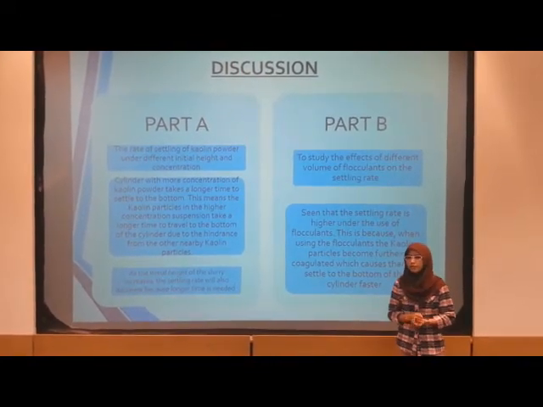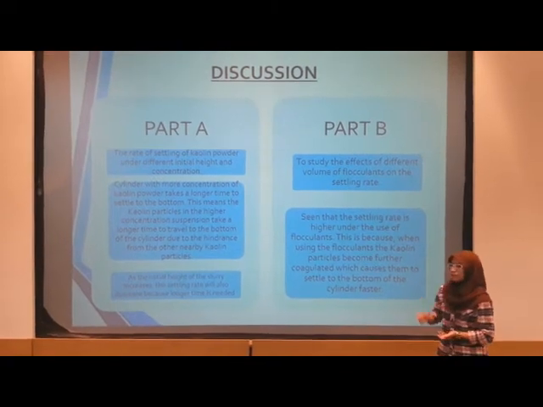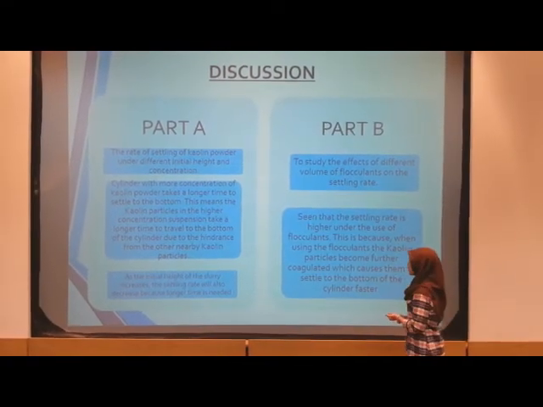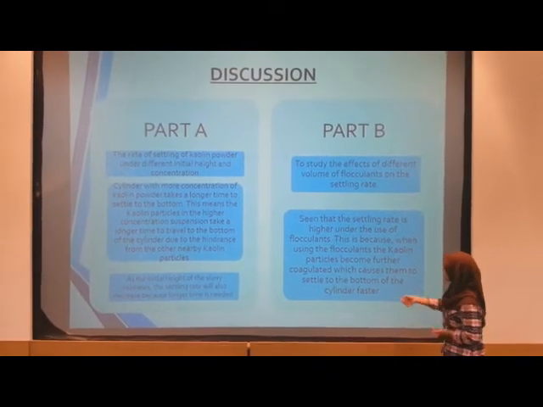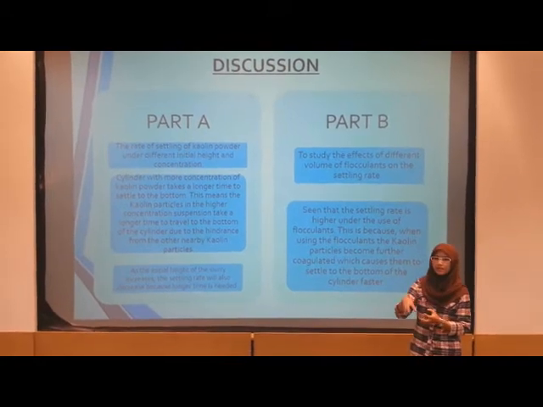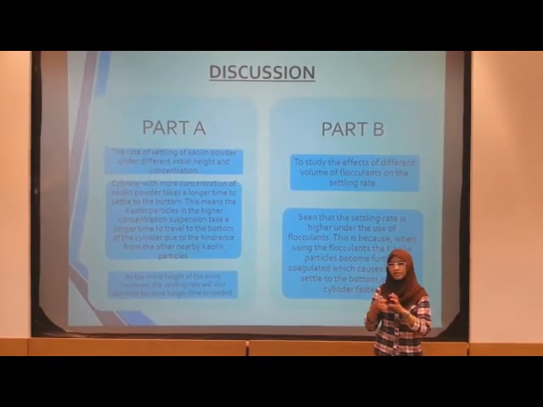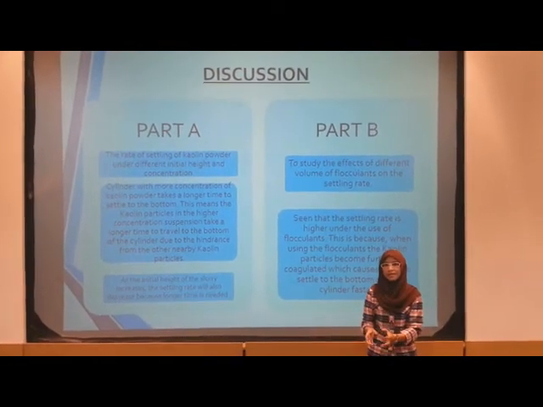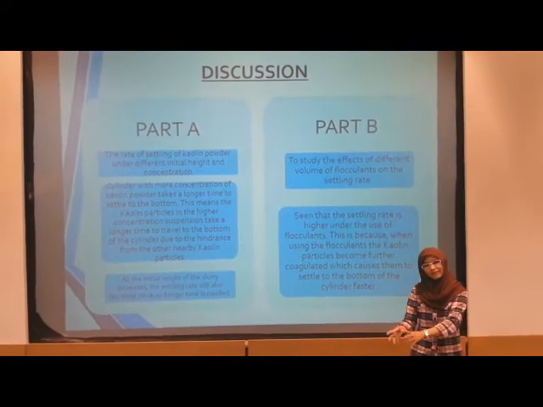So we can conclude that with flocculant we can increase the settling rate. Why does this happen? Because the flocculant coagulates all the slurry inside the solution, making them coagulate together and settle to the bottom faster.